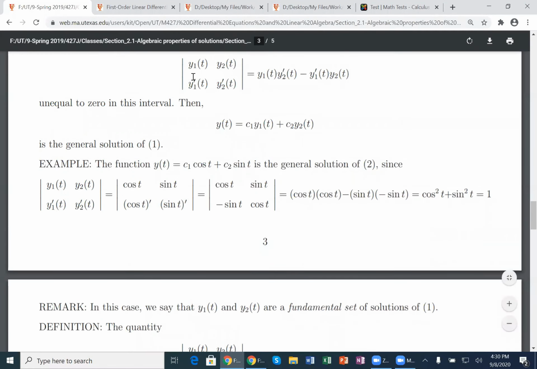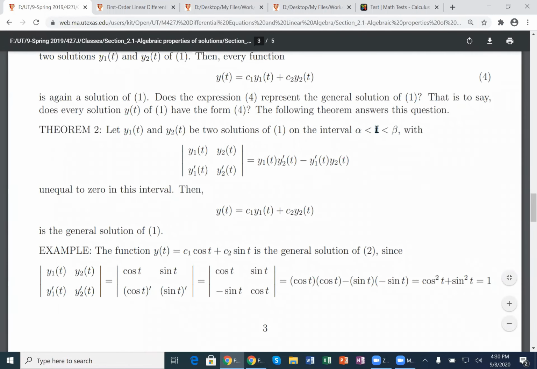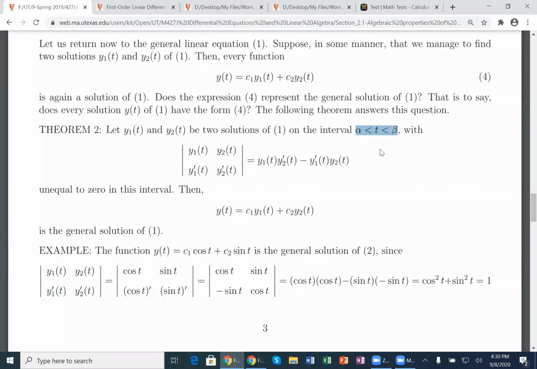So if it does equal 0, then what is it considered? So once again, if this determinant is equal to 0 for any point t from this interval, y1 and y2 is not a fundamental set of solutions, meaning this is not the general solution.